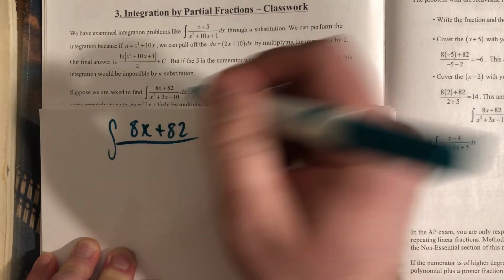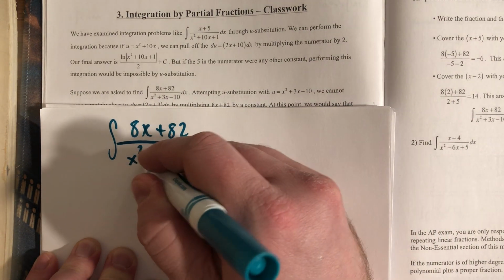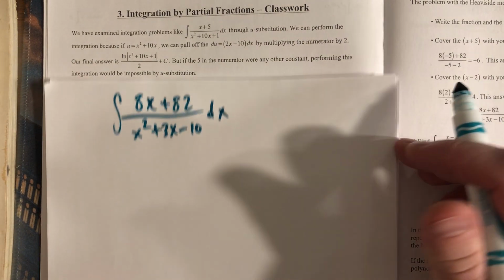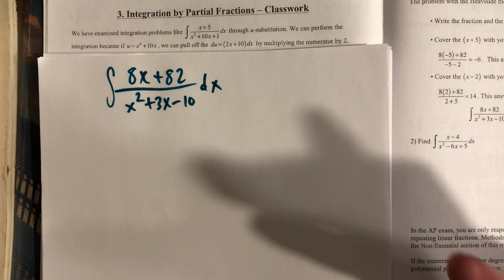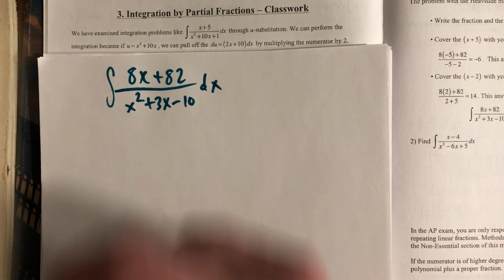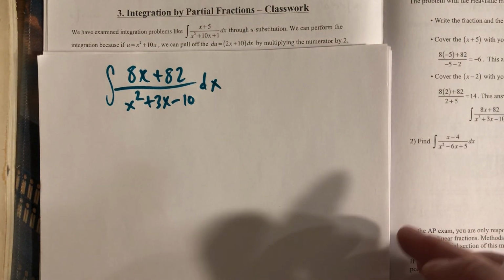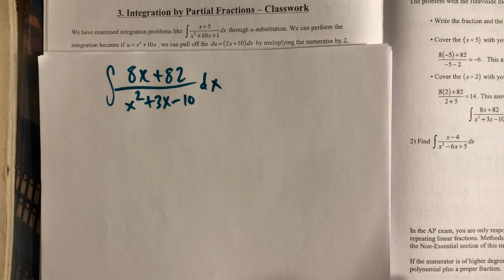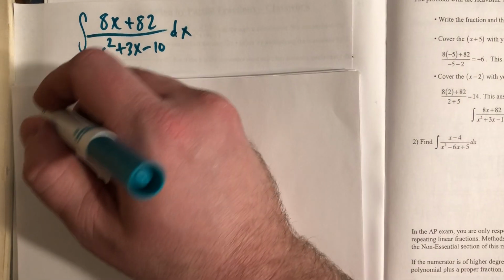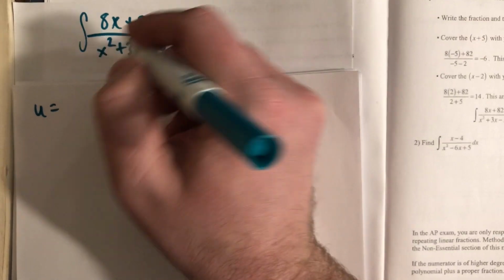So let's say we have the integral of (8x + 82) over (x² + 3x − 10) dx. We could go at this a few different ways. Let me go to a separate piece of paper, because I'm going to do this in ways that don't work out for us. If we try U substitution, let's say U is equal to the denominator.